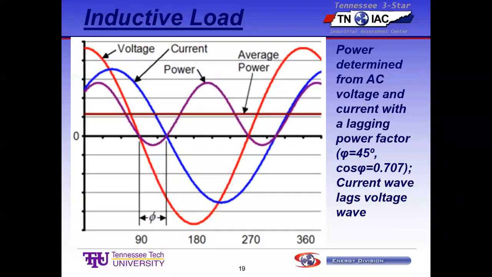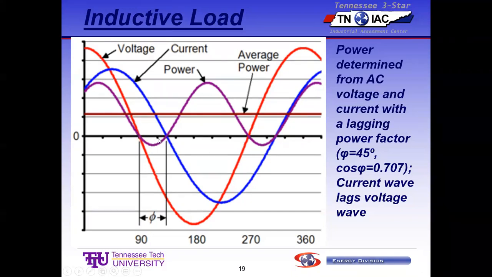But with inductance in the circuit, this is what you usually see unless it's corrected. So we see over here voltage peaks here, and later in time, current peaks, okay? And then you look where they cross 0. If I can get my pointer there. You see the voltage crosses here, and the current crosses here.